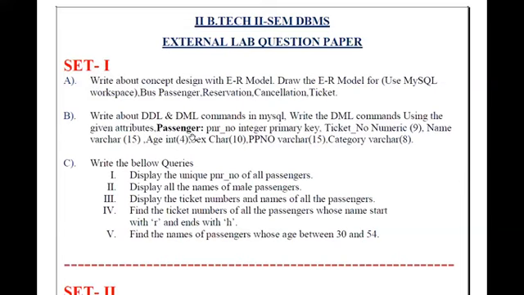Minimum 5 or 6 records is good enough for the passenger entity. Sometimes you may get a chance to create these 5 tables: bus, passenger, reservation, cancellation, ticket, and they may ask to insert 5 records in each entity. That is about DDL and DML commands. These 2 questions are common to all the students, all the sets.